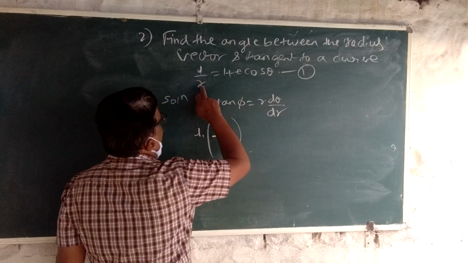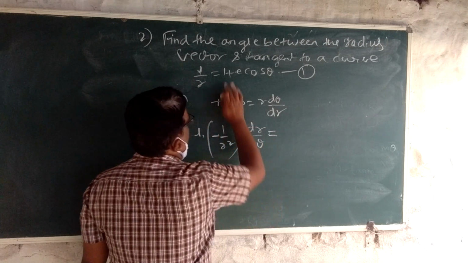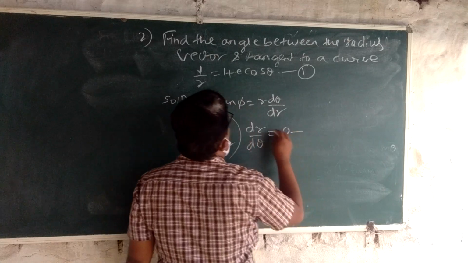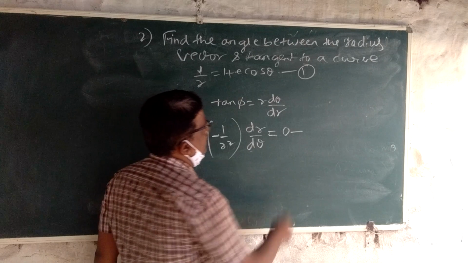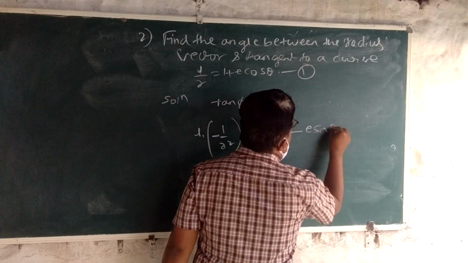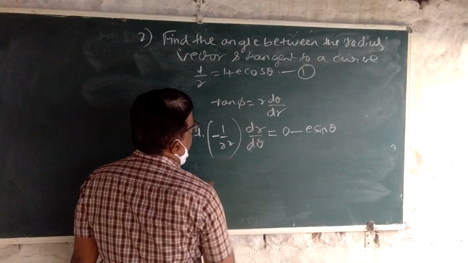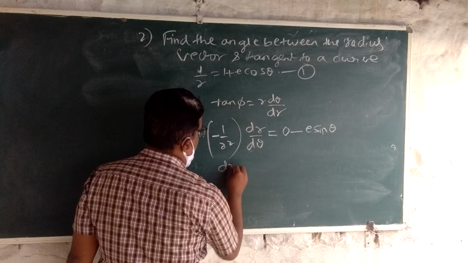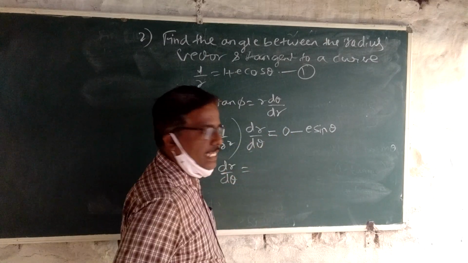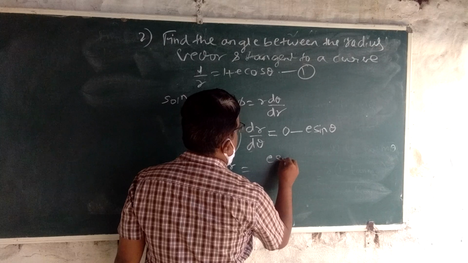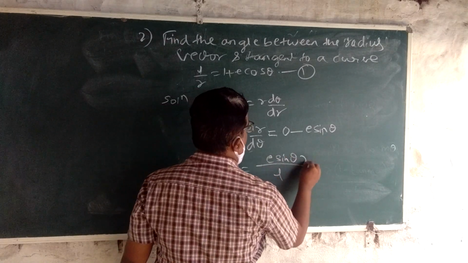Again by applying chain rule, differentiation of r is dr/dθ is equal to, now differentiation of 1 is 0, then differentiation of cos θ is minus sin θ. e is again constant, so it is minus e sin θ. So now we need dr/dθ. Both sides minus get cancelled, so dr/dθ is e sin θ divided by l into r².